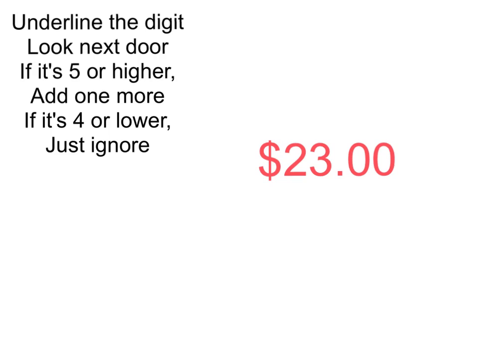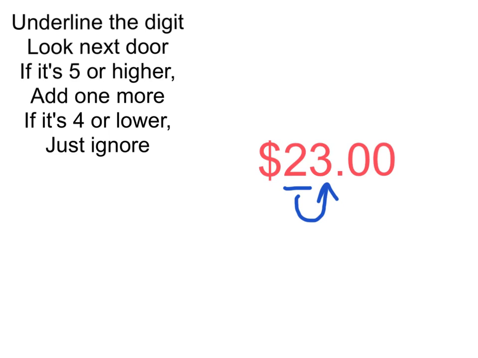What if in this problem I asked you to round to the nearest $10? You know that the tens place is just to the left of the ones place. Here's the ones place, so here's the tens place, which means that's the digit we are going to underline. So here we go. Underline the digit, look next door. If it's 5 or higher, add 1 more.